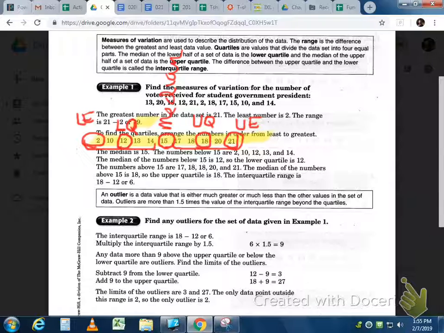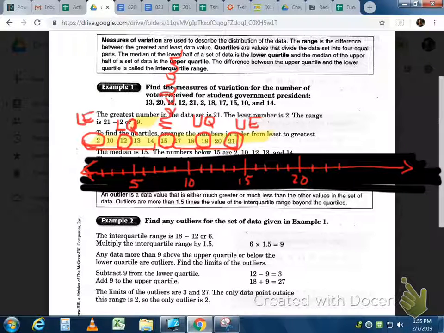All right, so I have a number line, and we know that it has to go from 2 to 21. So I've got a number line there. Now, you see the numbers I have circled? Those are the numbers that help make the box and whisker plot. So above the number line, not on it, just right above, I'm going to put a dot.